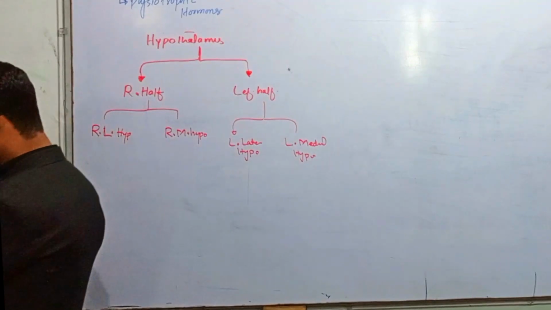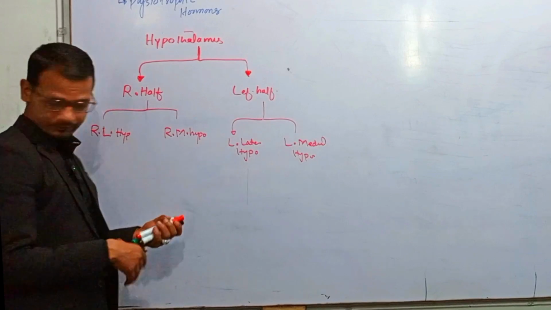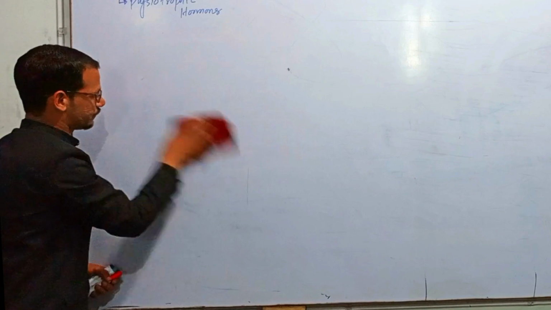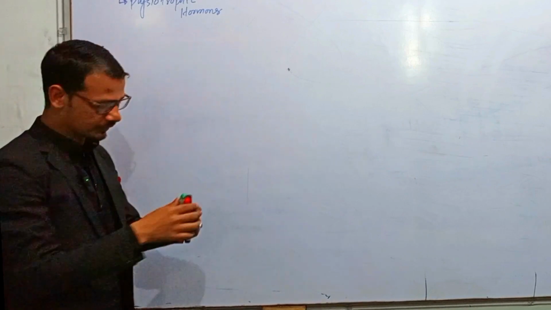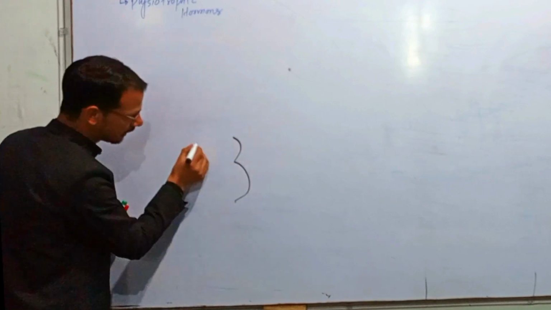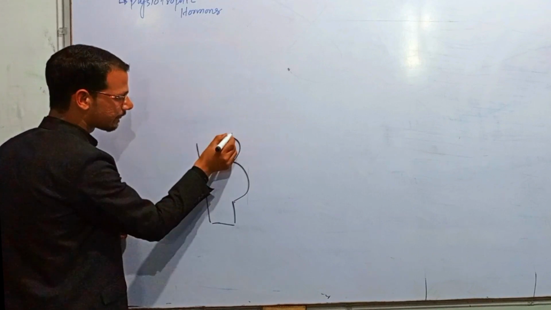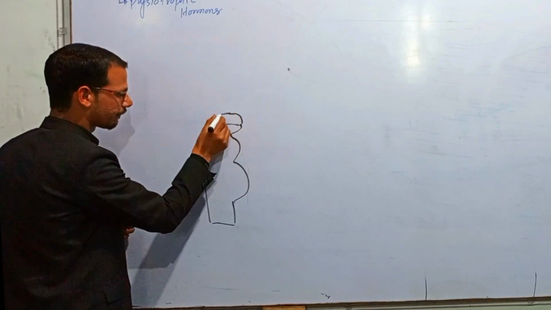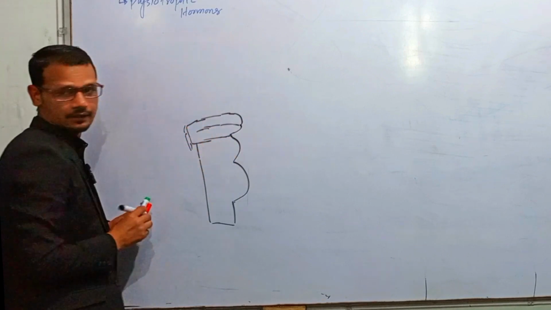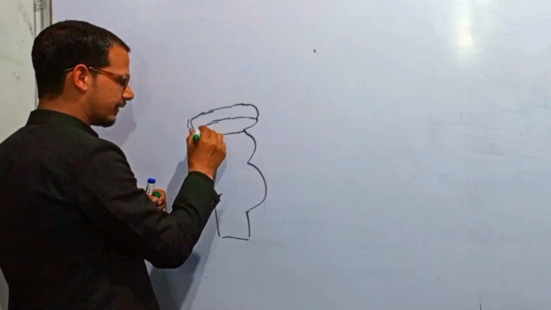Like that, for example, here I have this is pons, this is medulla, this is spinal cord. Here I have midbrain. On midbrain, sheets are present, right and left.